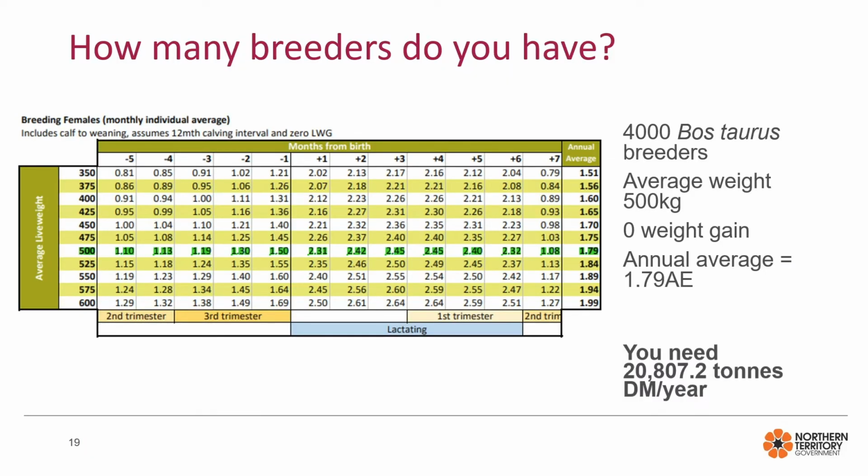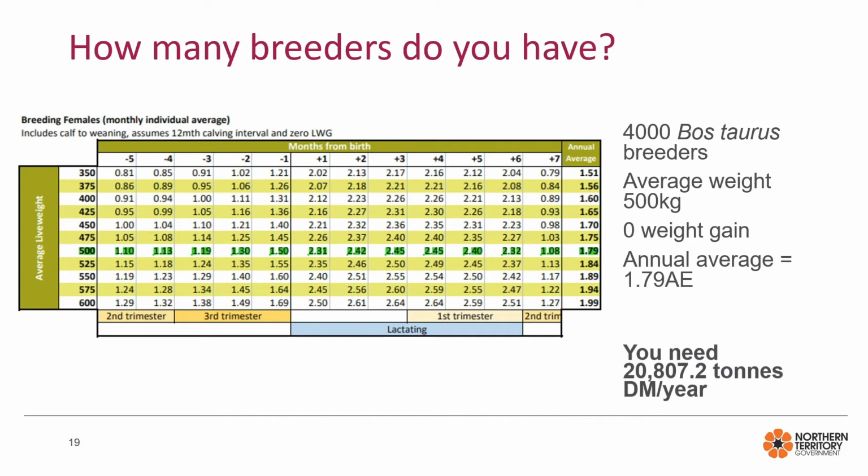Alright, so I want you to think about how many breeders you have. Keep it in your head. So for argument's sake, let's say you have 4,000 breeders at an average weight of 500 kilos each. It's actually 20,807.2 tonnes of dry matter to feed them each year.